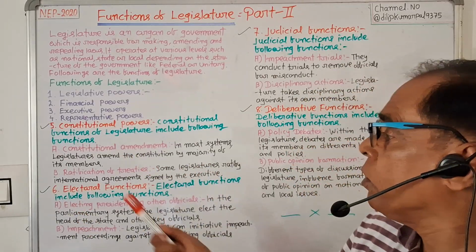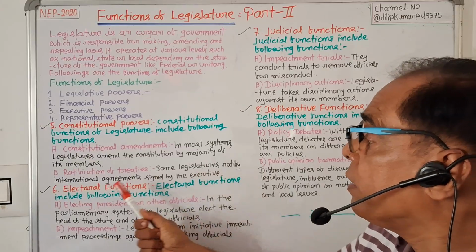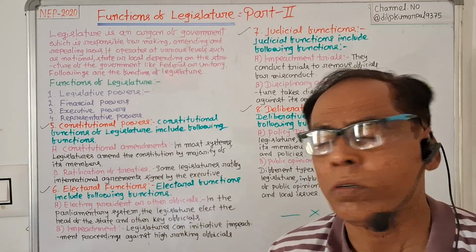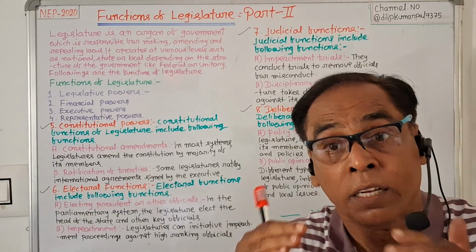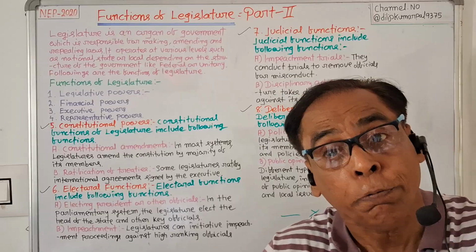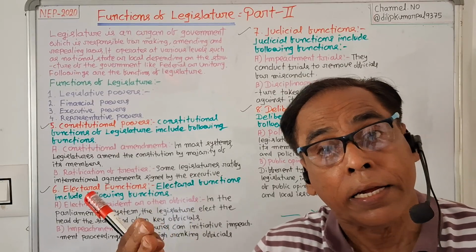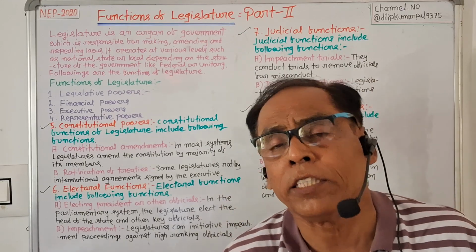Number 2, ratification of treaties. Some legislatures ratify international agreements signed by the executive. In many nations, legislatures ratify international treaties made by the executive. So these are the constitutional functions of the legislature.